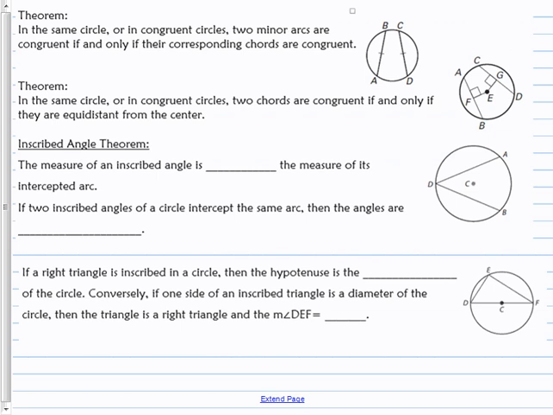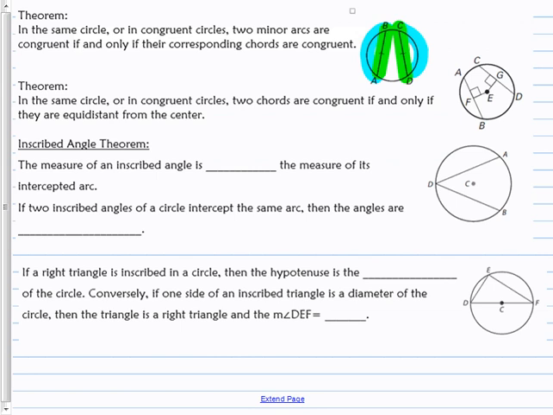A couple of theorems. In the same circle or in congruent circles, 2 minor arcs are congruent if and only if their chords are congruent. So for example, we have congruent chords right here, which means that their arcs, BA and CD, would also be congruent as well.